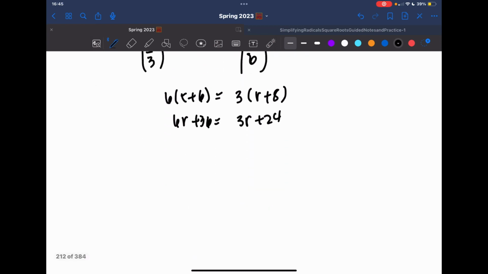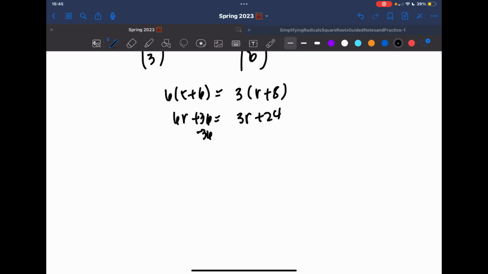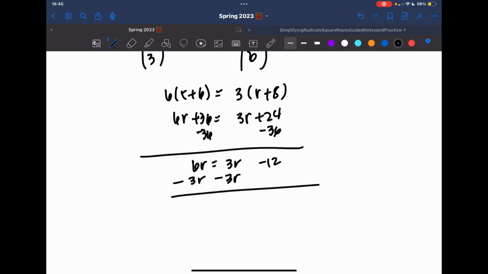Subtract 36 from both sides, and then you're going to be left with negative 12. 6r equals 3r minus 12. Subtract 3r from both sides. You're going to be left with 3r equals negative 12. Divide by 3, divide by 3, r equals negative 4.